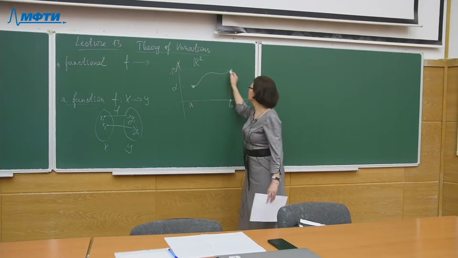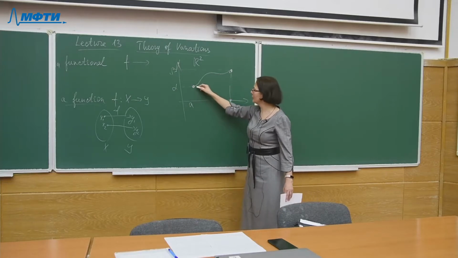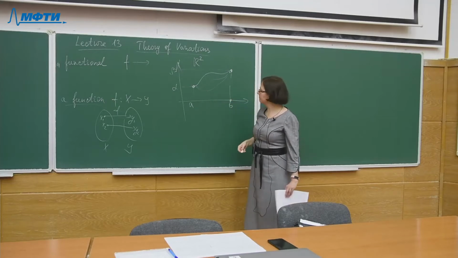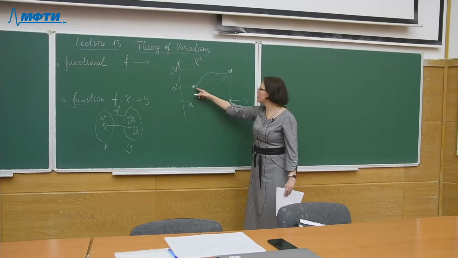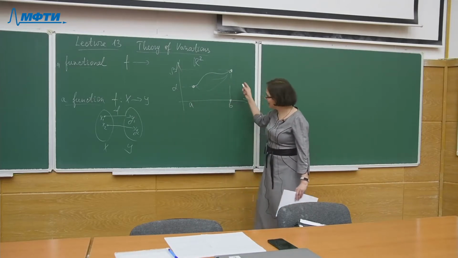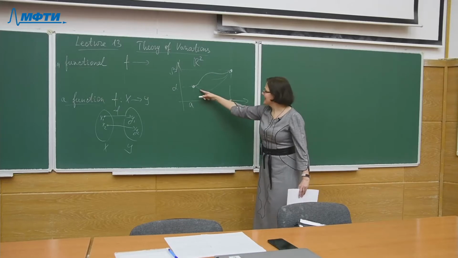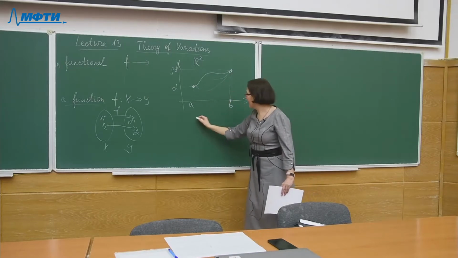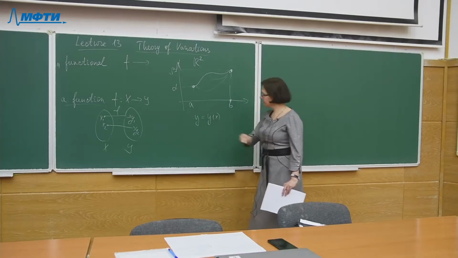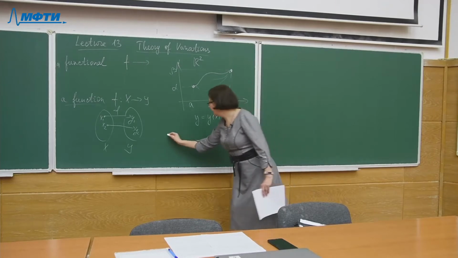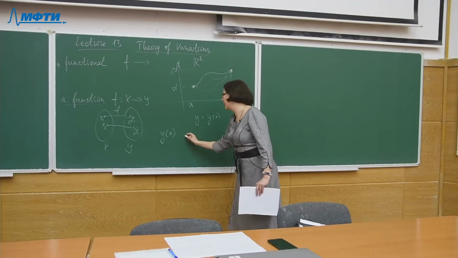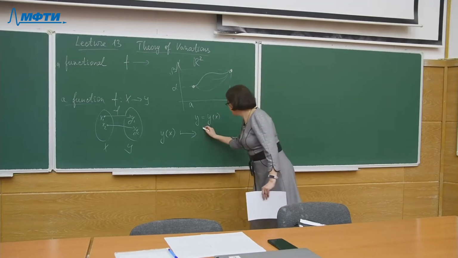If we consider the set of all rectifiable curves joining these 2 points, now we can write the functional. Suppose any curve is described by a function y of x, and then we can associate to any function y of x the length of this curve.